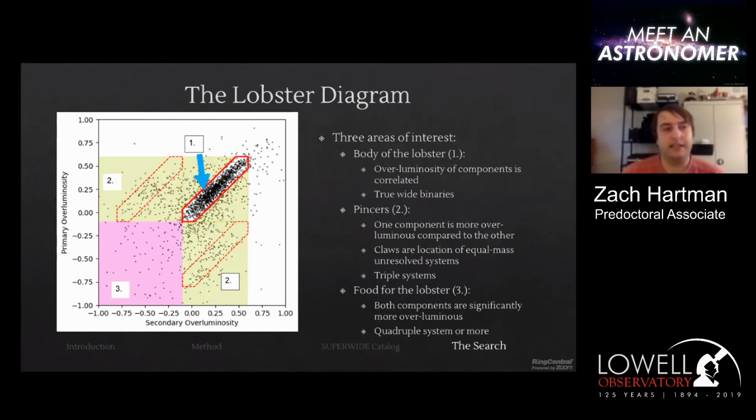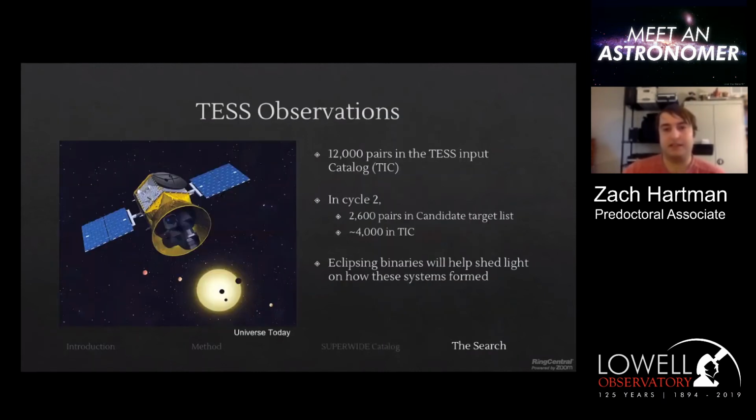We looked in Kepler, we looked in K2, and we looked in TESS. I'm going to highlight TESS because it is an ongoing project. TESS is looking at the entire sky in chunks. There are 12,000 pairs in the superwide catalog that are in the TESS input catalog, so they will be getting observed sometime.